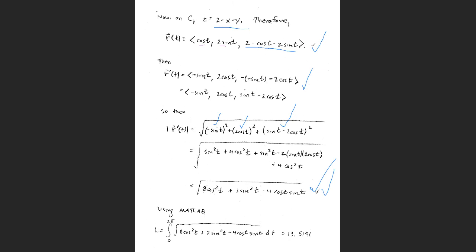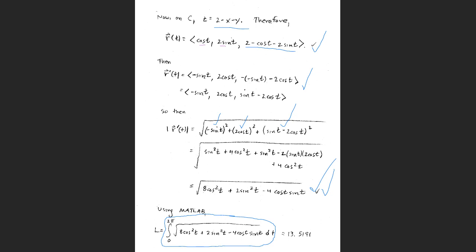Okay, well then now what you have to do is you have an integral to solve. And if t goes from 0 to 2 pi, that traces out the space curve just one time.